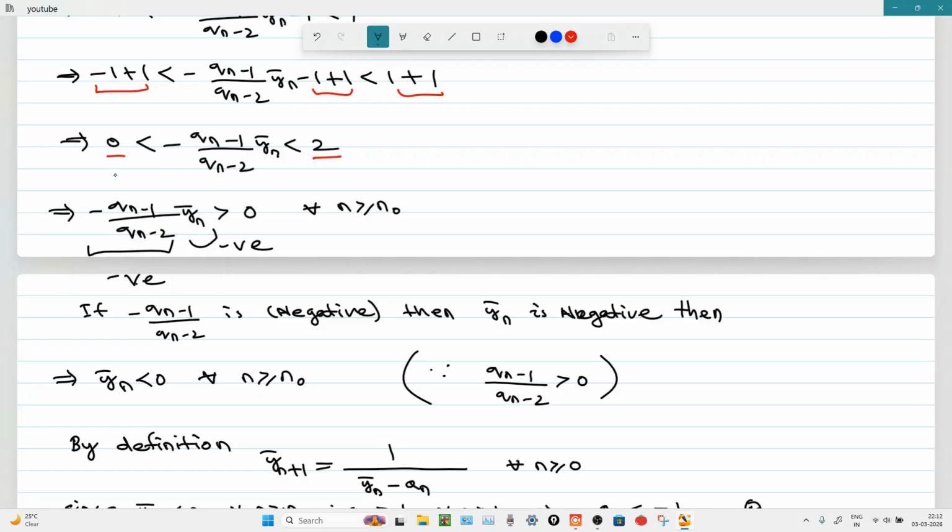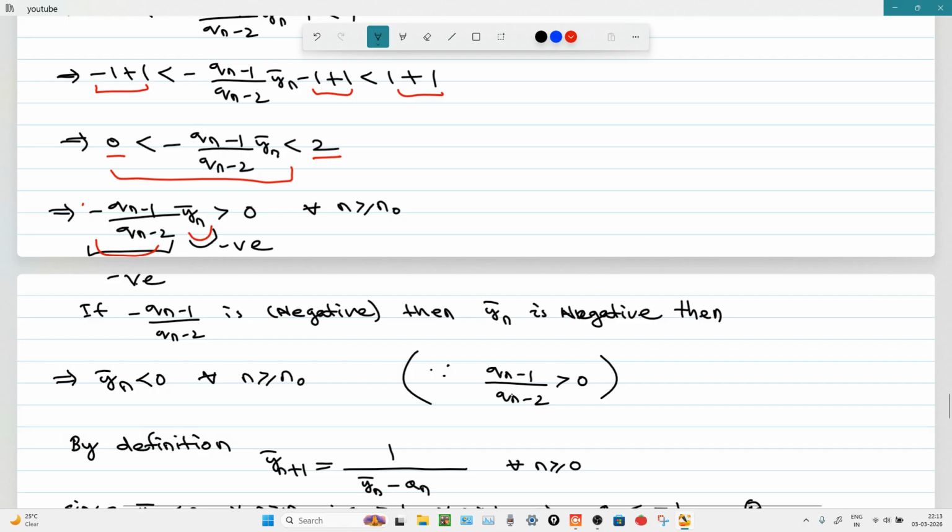Then like the other term, this implies it is greater than or equal to 0. This term is negative. If minus q(n minus 1) by q(n minus 2) is negative, then yn bar is also negative. So yn bar is less than 0 for all n greater than or equal to n0.